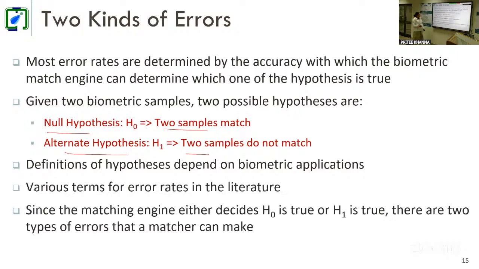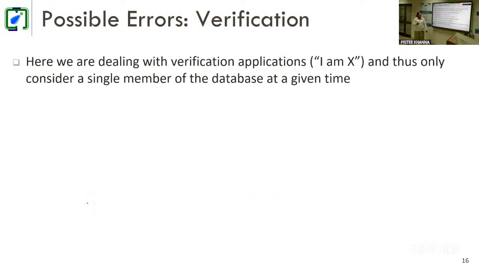Your matching engine, the matcher, decides whether the null hypothesis or the alternate hypothesis is true, and based on this, there are two types of errors a matcher can make. So let us first take the scenario of verification.